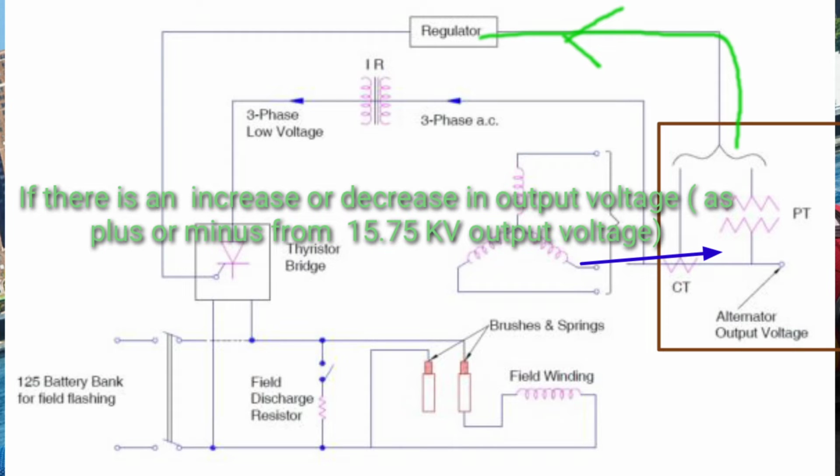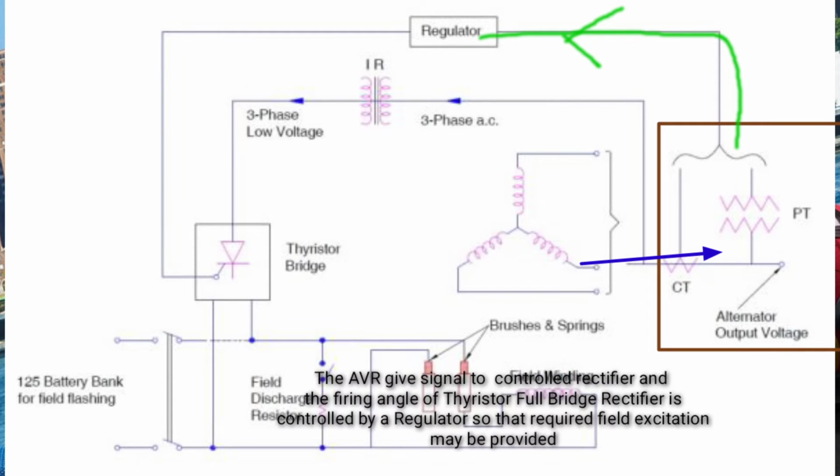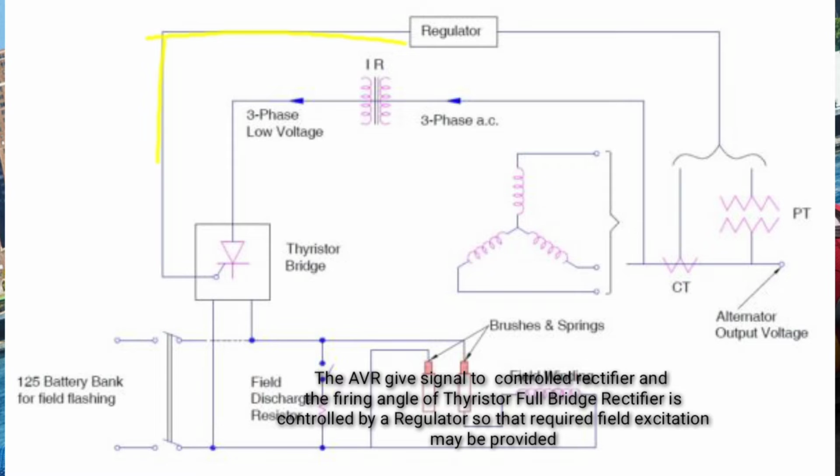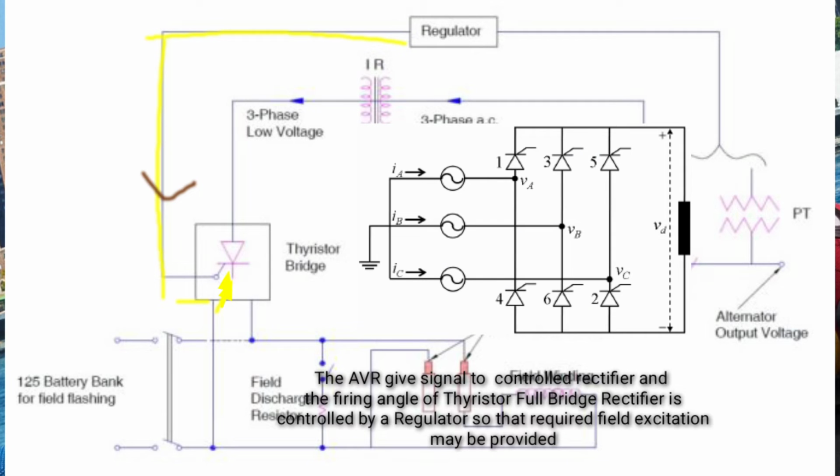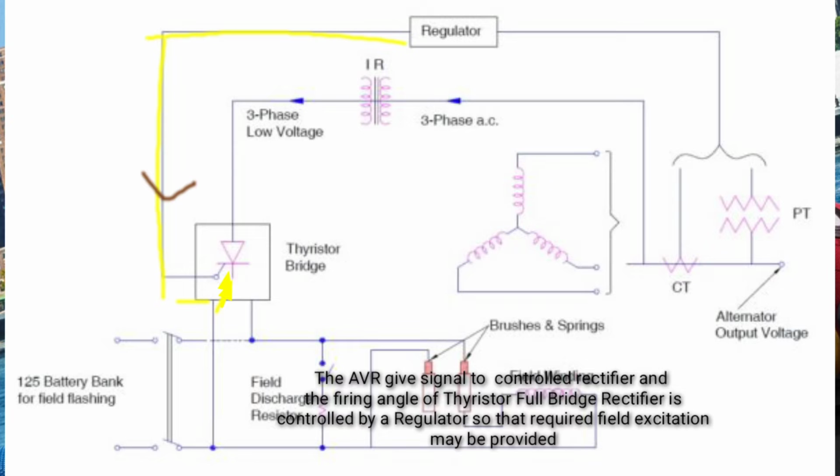The AVR gives a signal to the controlled rectifier, and the firing angle of the thyristor full bridge rectifier is controlled by the regulator so that the required field excitation may be provided.